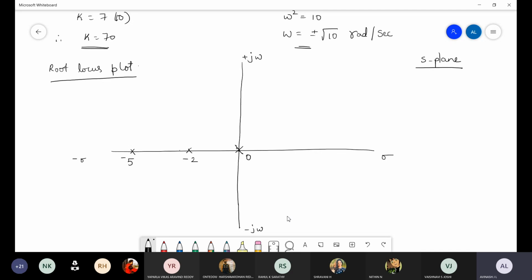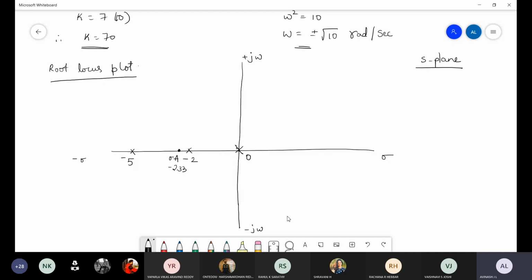So this is the minus 2.33 value. This is called the centroid sigma A, and its value is minus 2.33. All of you mark this.